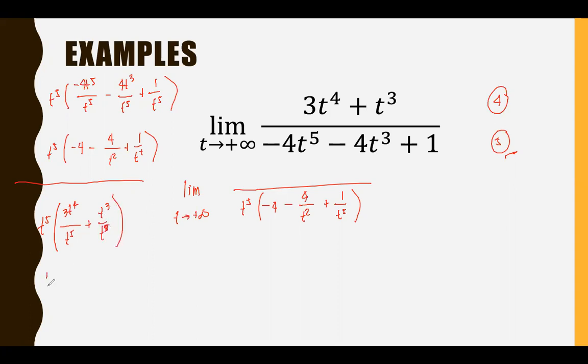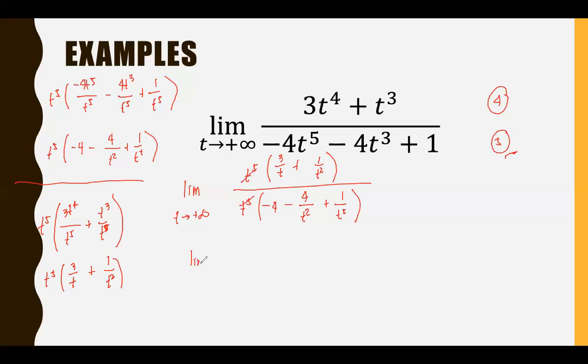All right, so if we solve this, cancel. So what's left here is 3 over t plus, cancel, this will be 1 over t squared. And then you copy it here: t to the power of 5 times 3 over t plus 1 over t squared. And so afterwards, we cancel this.